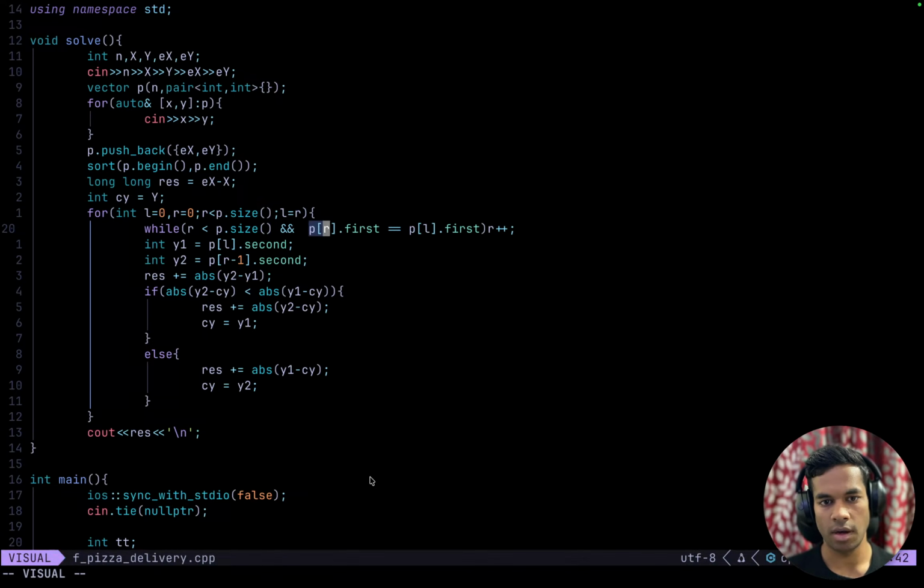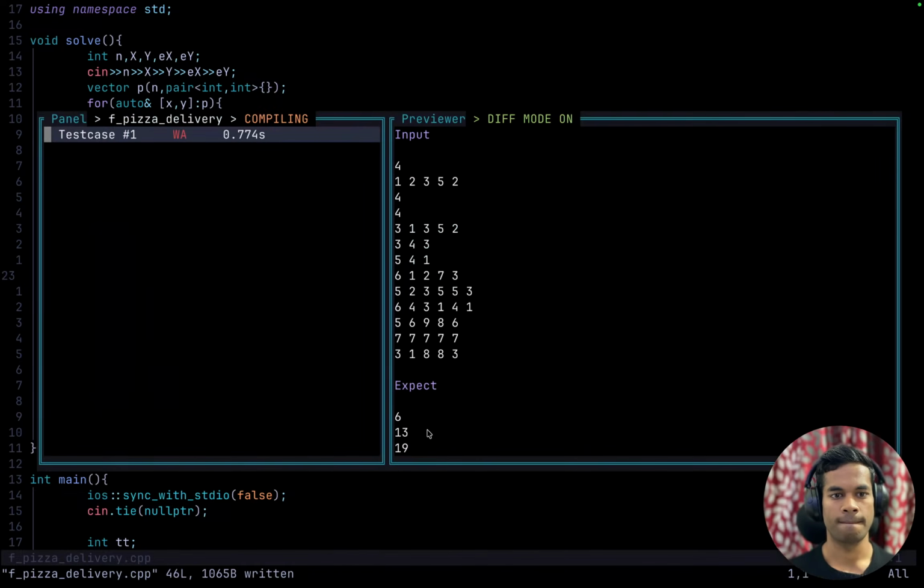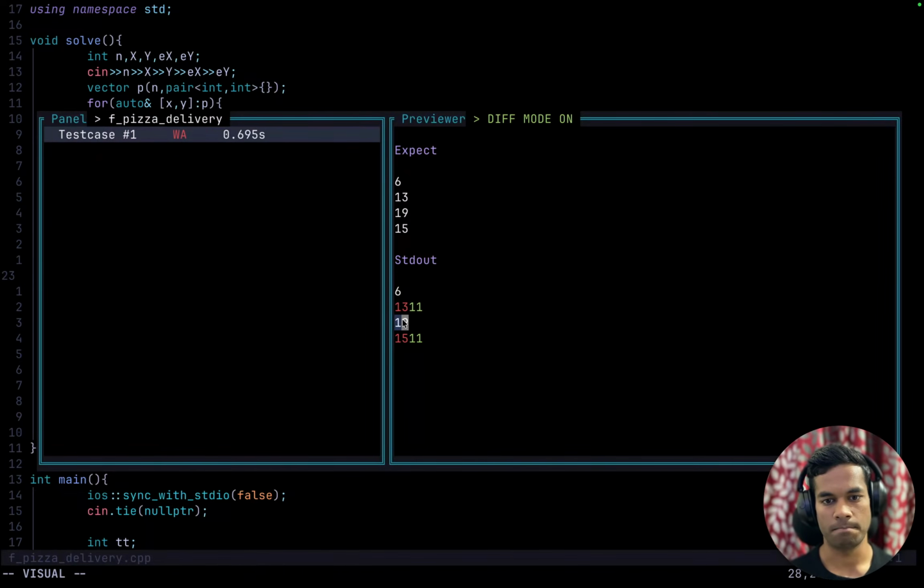While pr.first and pl.first are equal to each other and r is smaller than the size, we will increment r, like get y1, y2. Yep.